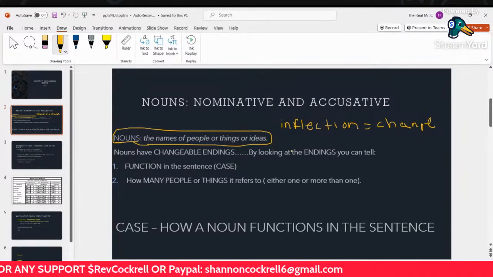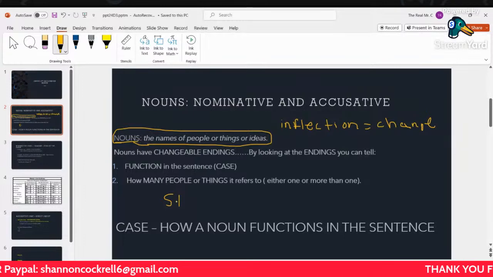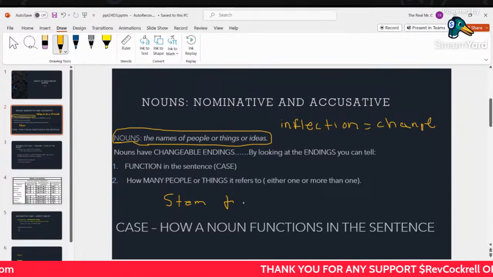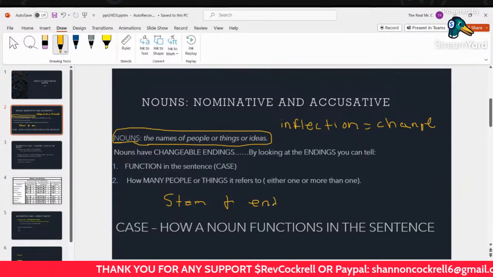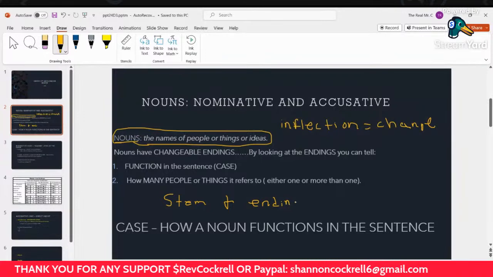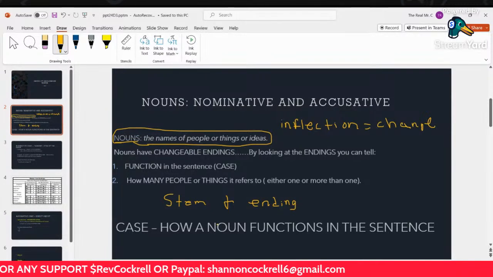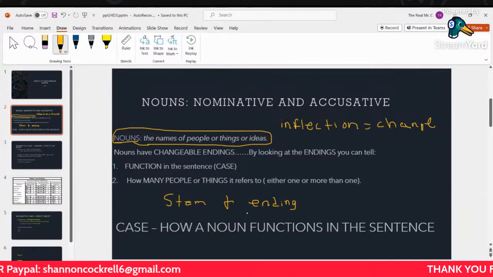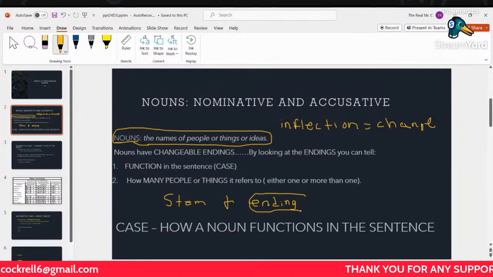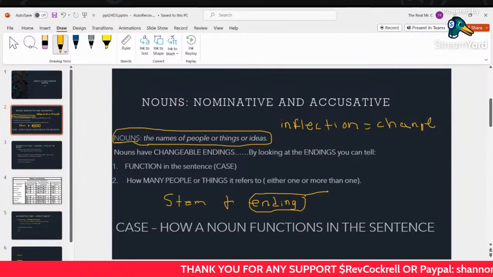So when we break this apart, remember Greek words have a stem and an ending. So the ending of the noun is going to tell you three pieces of information.